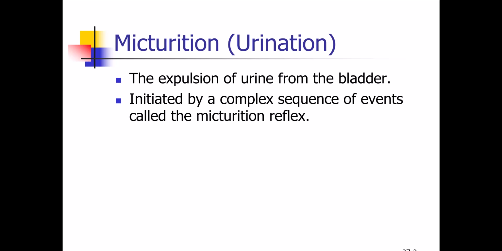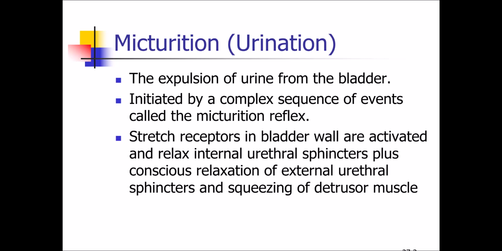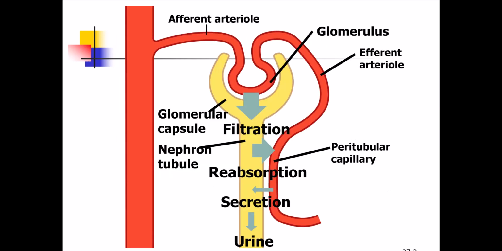Remember I talked about how the bladder is both constricting and relaxing different smooth muscles. Plus, you have the voluntary relaxation of the external sphincter. So it's a pretty cool complex of events. Again, there are stretch receptors in the bladder wall that are activated as the bladder fills, and simultaneously there are some pretty cool things happening as the muscles allow for the release of the urine.